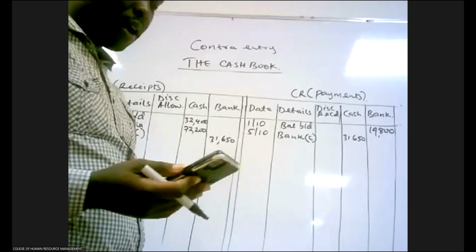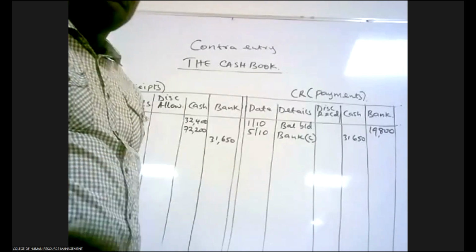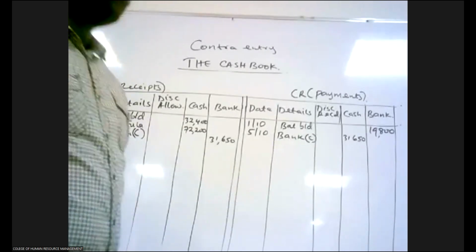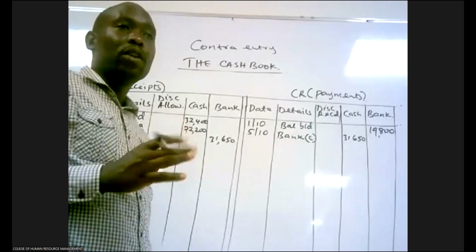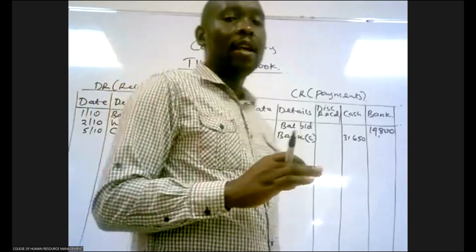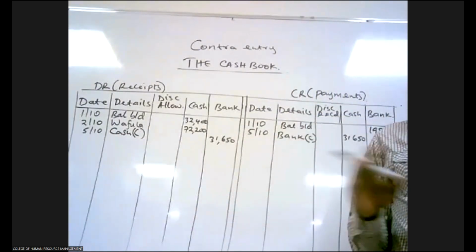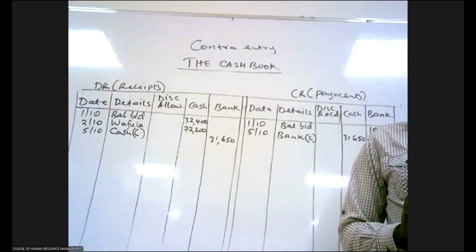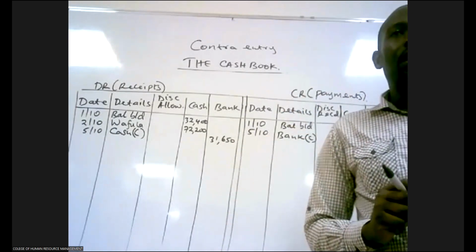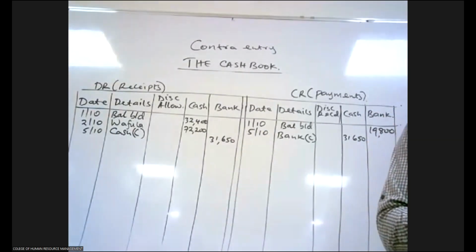So in this transaction on 7, returned stock 4350. Anytime you enter a transaction in the cash book, you need to ask yourself, does that transaction translate to money in or money out? When we return goods to a particular supplier, did we receive or pay money or we didn't?